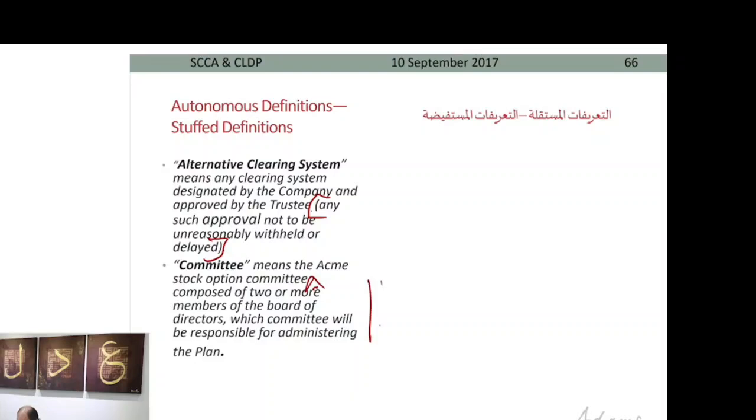How many people are on the committee and what its responsibilities are, you say later. I found that Australians are champions of stuffing definitions. The provisions are very simple, but they're all defined terms, and you look at the definitions, and the definitions go on for a page and a half, and each definition is like that.